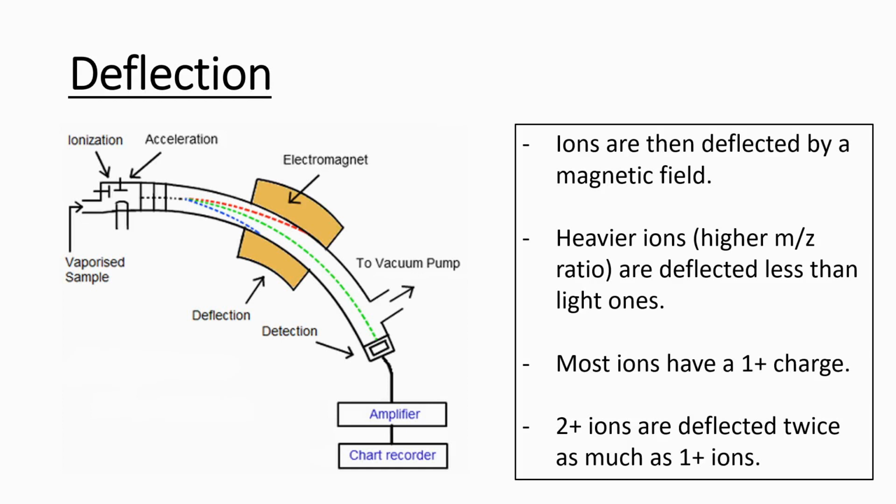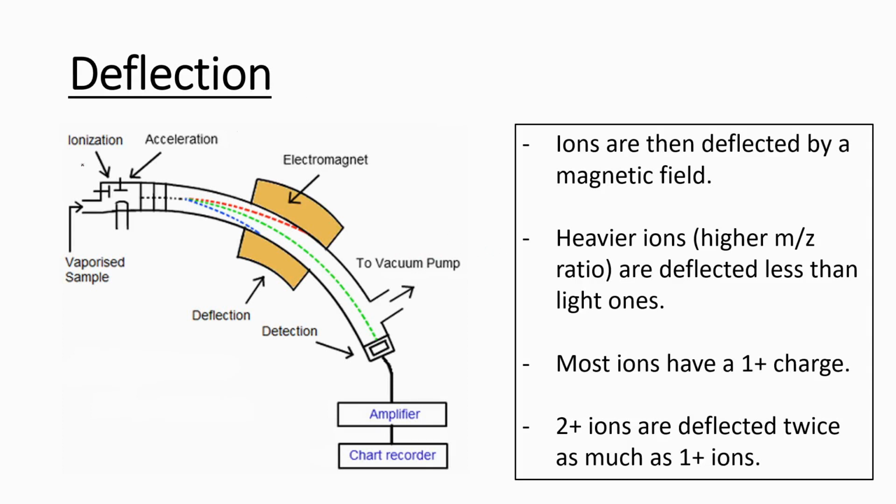So let's look at what's happening in more detail in deflection. Firstly, ions are deflected by a magnetic field created by this electromagnet. Heavier ions, and here we mean ions with a higher mass to charge ratio, are deflected less than light ones, and light ions are going to be ions that have a lower mass to charge ratio.